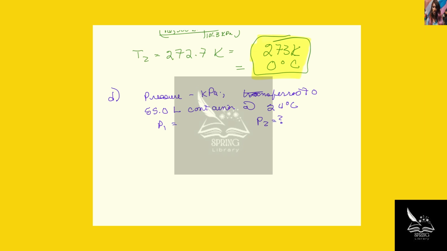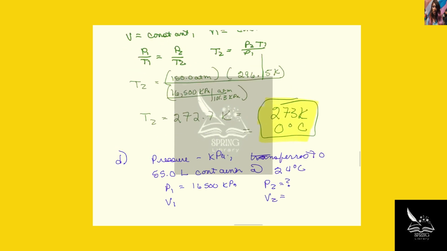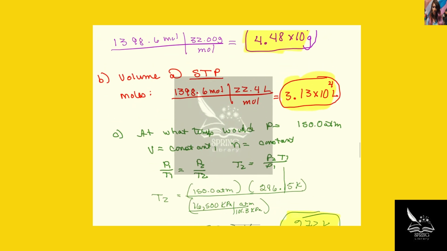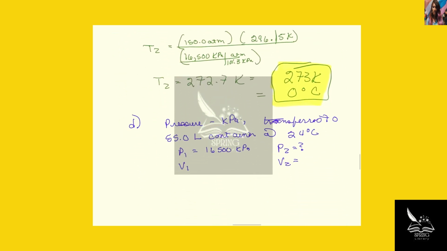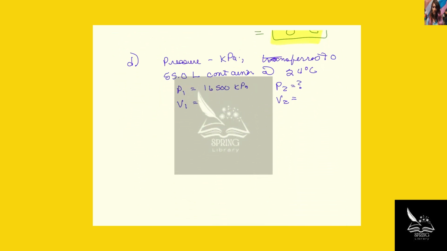P1 is 16,500 kPa. V1 and V2. V1 is 208.7, and this is 55.0 liters. And T1 and T2.